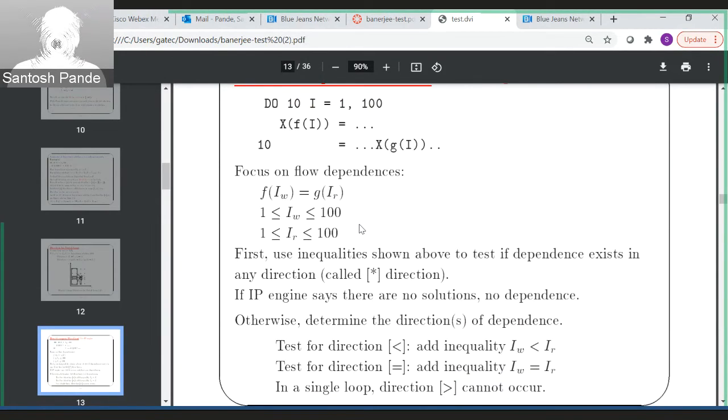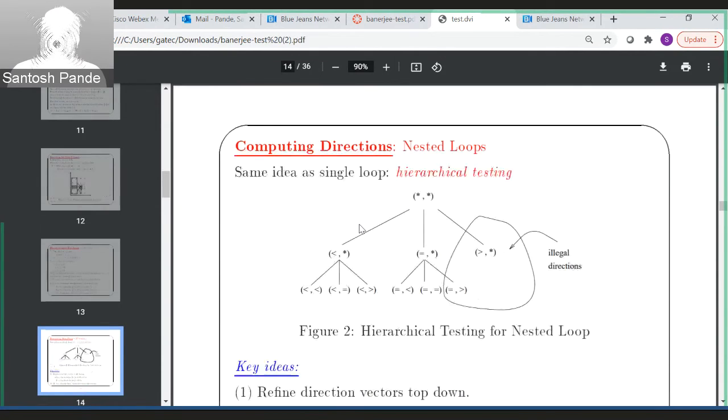Equal to means the iteration which does the read and write is the same. And greater than, of course, cannot occur because the loop is increasing. So we would check the dependence by adding these constraints and finding out if the dependence exists. But the original problem doesn't change by adding these constraints, because we still have to enumerate under these particular constraints, and that will become infeasible again.